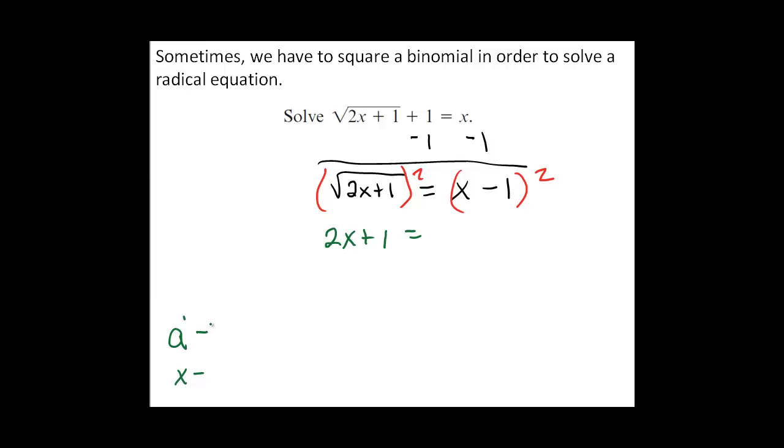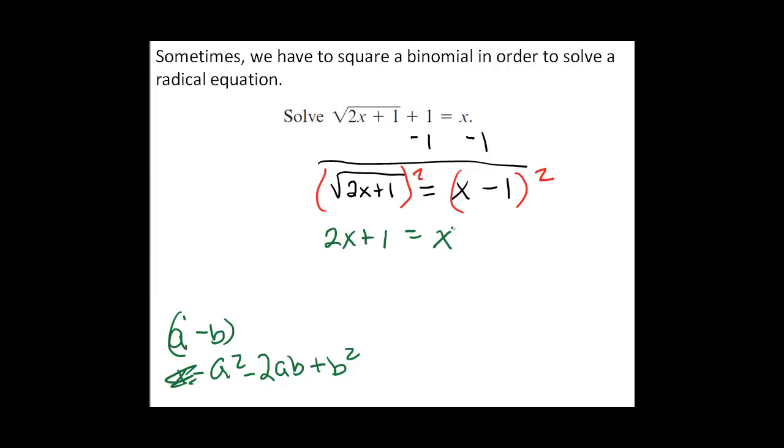If I have a minus b squared, it's the first term squared plus the last term squared, and in between is this times 2. So 2 times ab, and because b is negative, that's negative. Up here, you can FOIL it if you want, but I want you to work toward using what you know about pattern recognition to do the easy work.